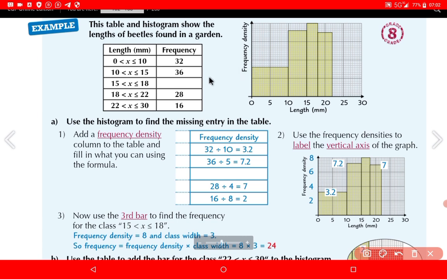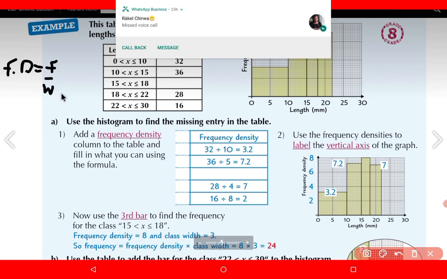So the same formula that we used: frequency density is just the length. Okay, so frequency density is just what? Length, and it's given by frequency over the width. So frequency over the width.